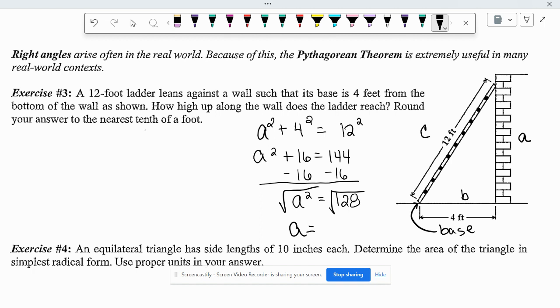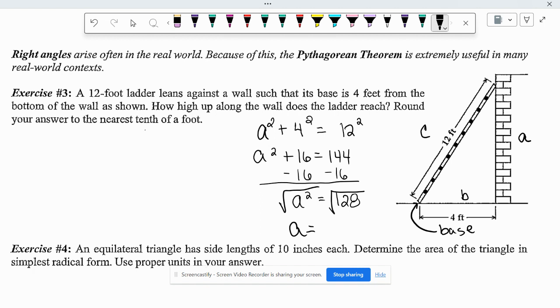It says to the nearest tenth. I think about 11. You do that in the calculator. Yeah, this is what I'm just showing you.